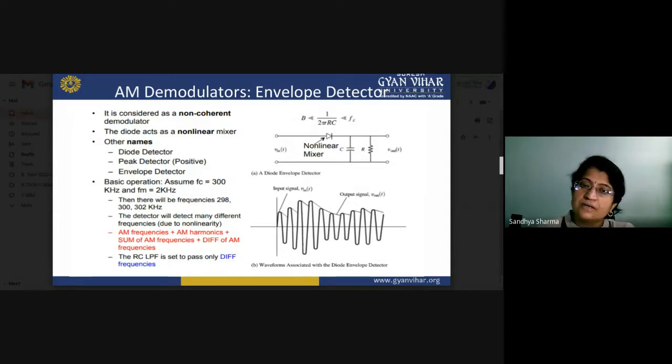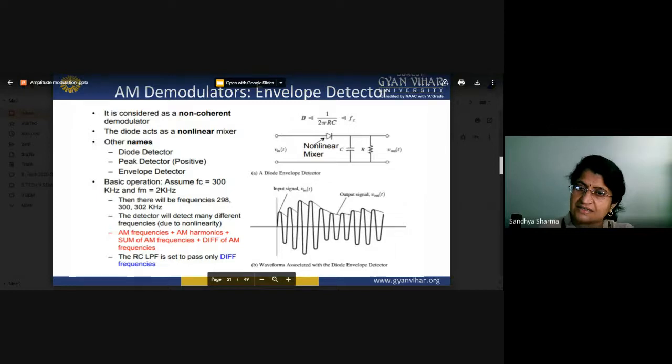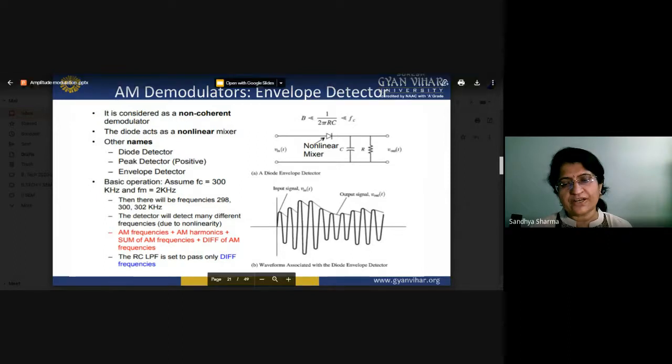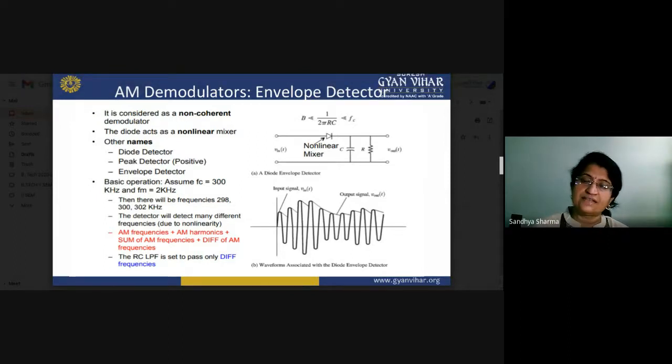Then, as the signal changes and reverse polarity occurs, it will again discharge. This is the charging and discharging pattern, and according to this we can extract the envelope from our modulated signal, and this envelope is our modulating signal. So by using the charging and discharging pattern of the capacitor, we can extract our signal in the non-coherent demodulator.